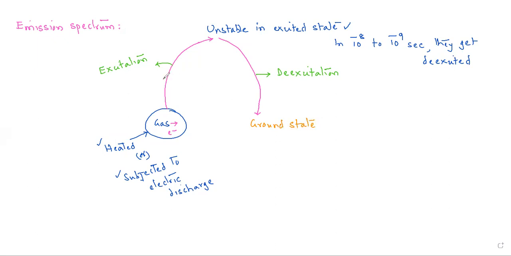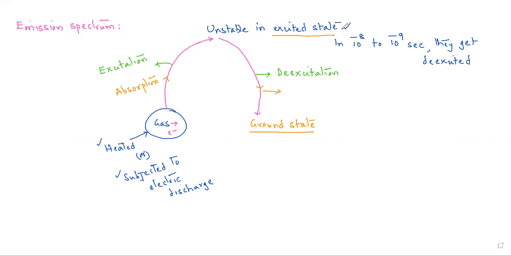See, during excitation, they have absorbed. Now, during de-excitation, they have to emit, right? They'll have different energies in different orbits. In the ground state, they'll have some amount of energy. And in the excited state, of course, they'll have some other amount of energy. Anyway, that will be more. That is the reason why we call them higher energy levels. So when they are excited by absorbing energy, they go into higher energy levels.